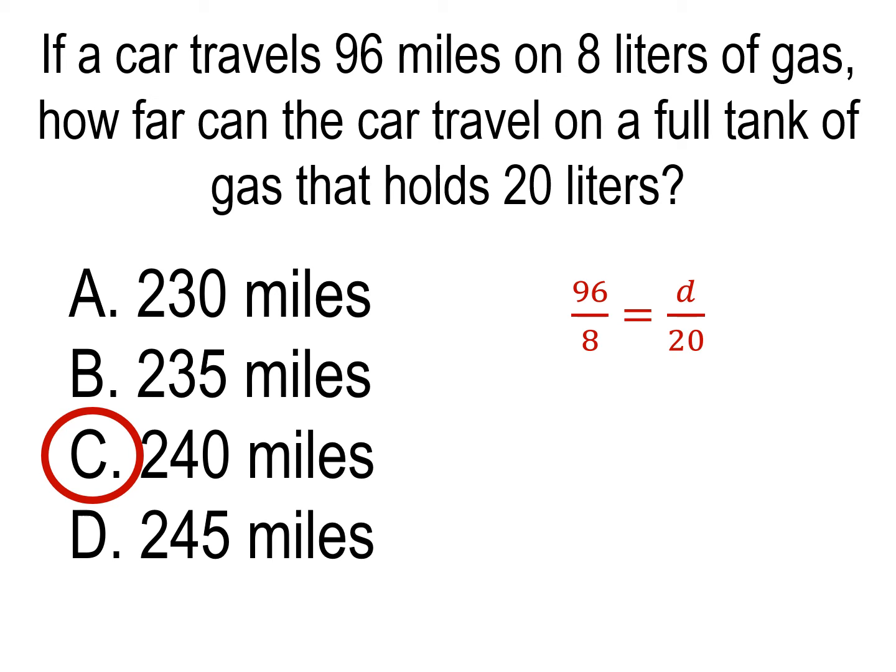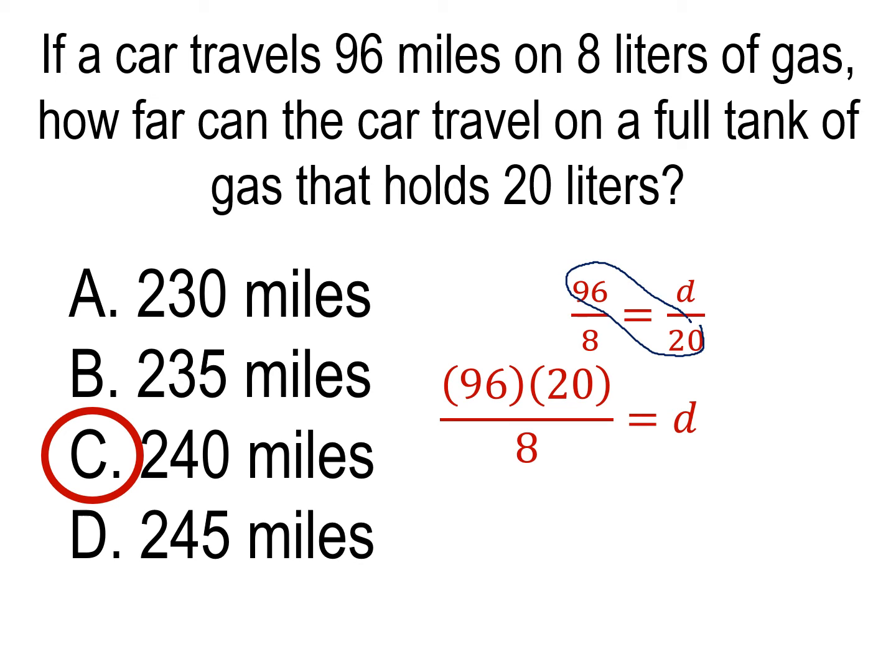After that, we can cross multiply 96 and 20. So we have 96 times 20 all over 8 equals D. Multiply 96 and 20, and then divide by 8. It will give you 240 miles.